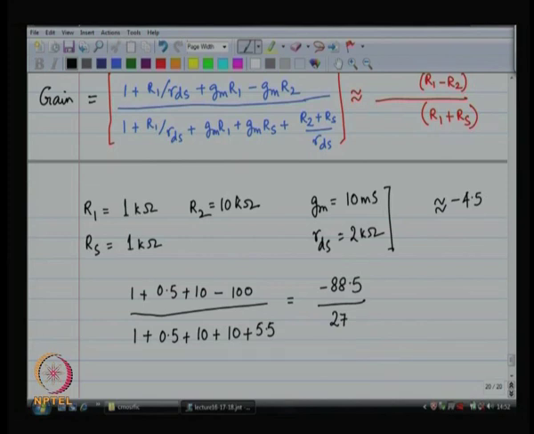So, I have got a gain which is 88.5 divided by 27, that is about 3.3. Okay. So, I have got lesser gain, but ballpark I get a feeling for what the numbers are going to look like.